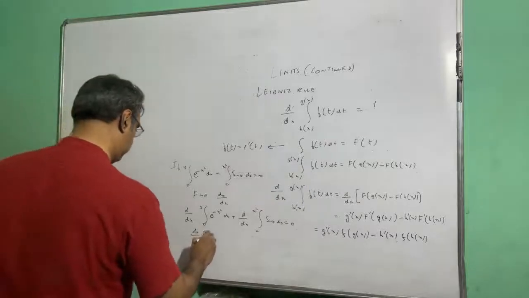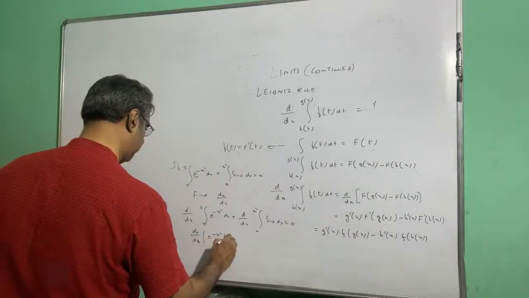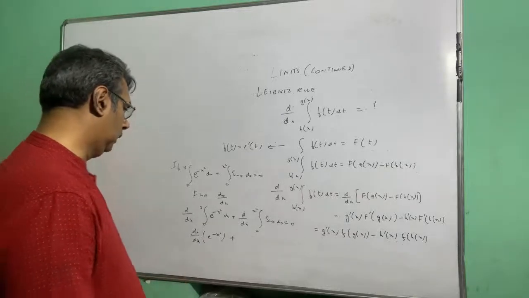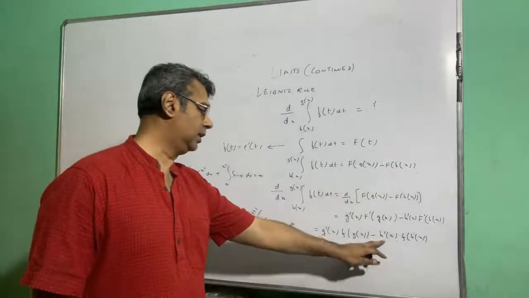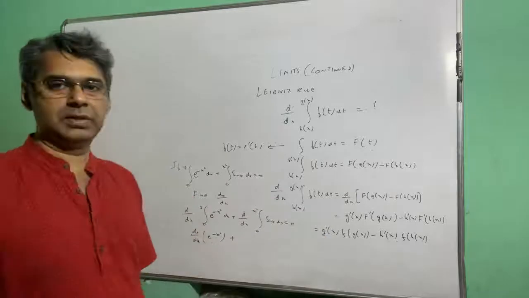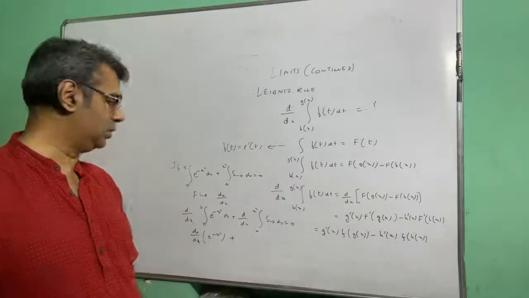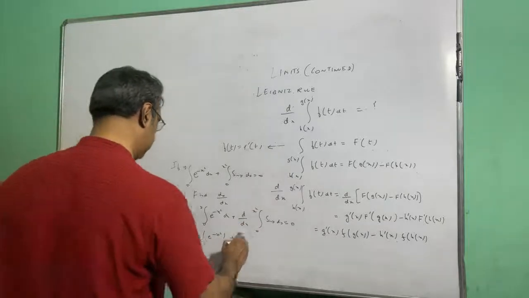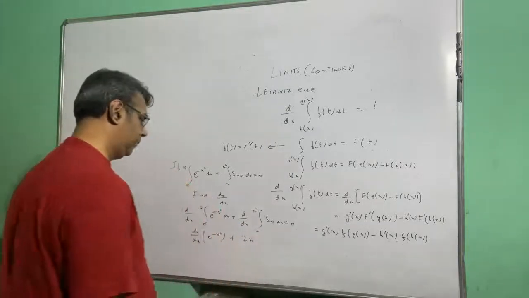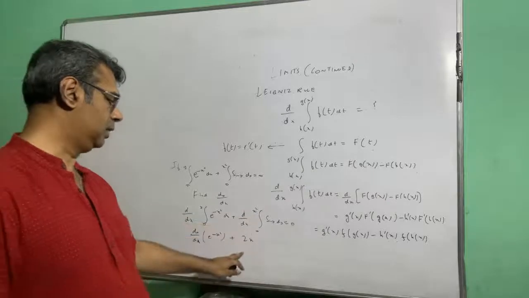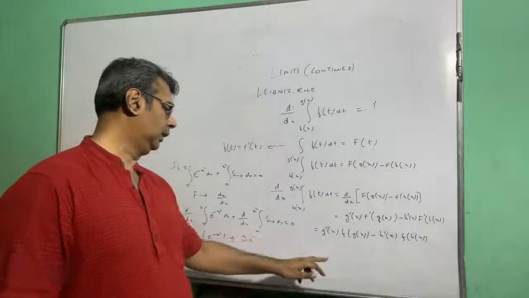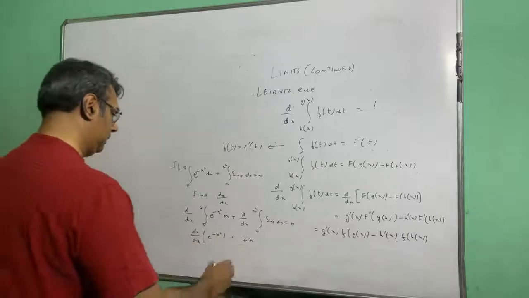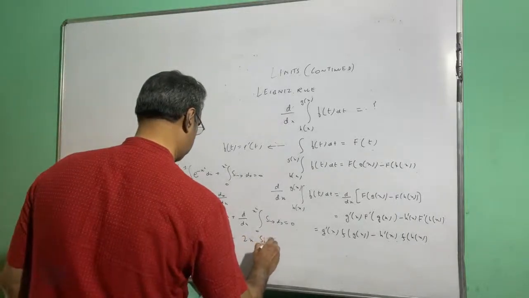That means e to the power minus y square, plus, and of course minus the derivative of the lower limit, but the lower limit is 0, and the derivative of 0 is 0, so forget about it. Then come to the next one: the derivative of the upper limit, derivative of x square is 2x, into the function value for the upper limit, that means sin x square.